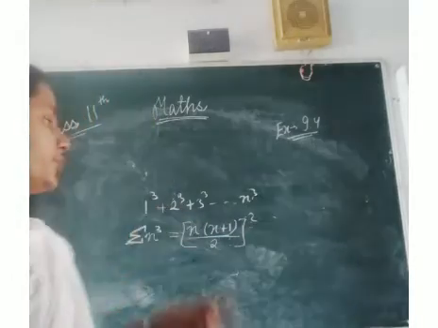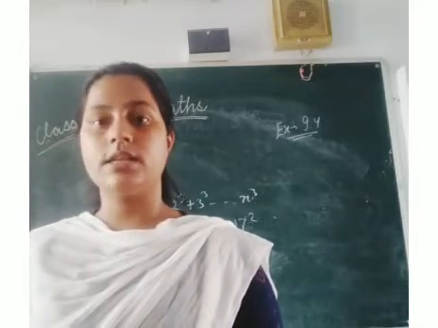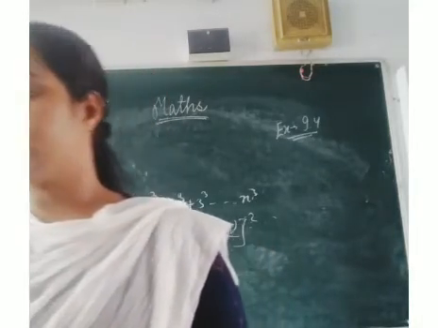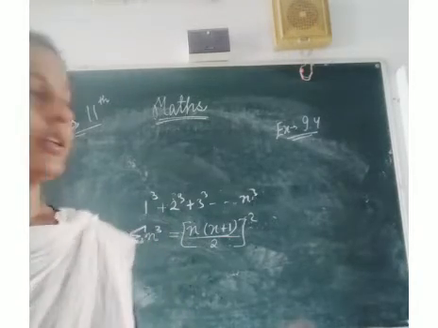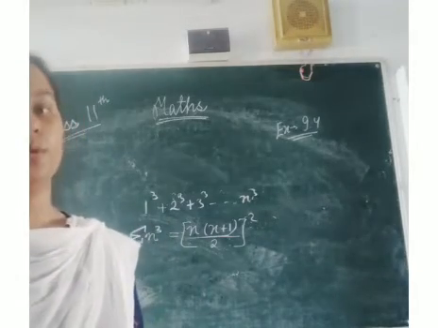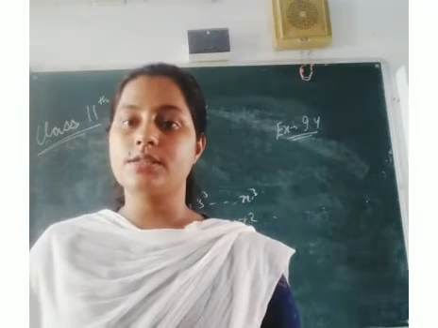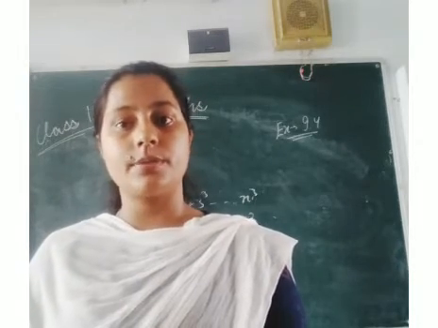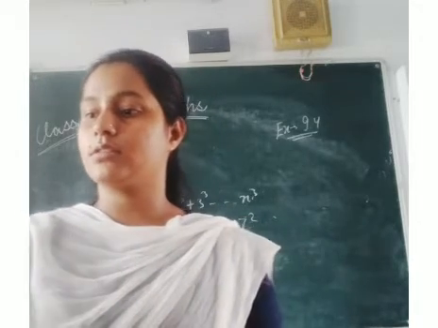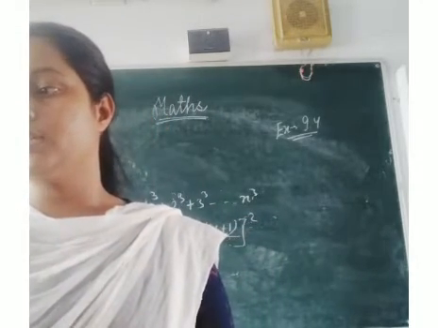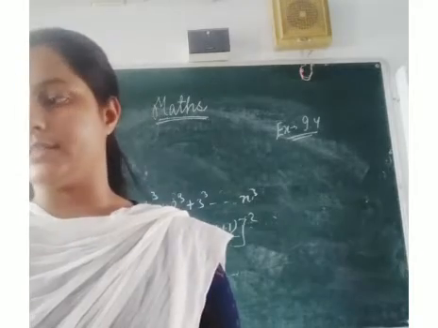And the sum of cubes of first n natural numbers is n into n plus 1 upon 2 whole square, as mentioned on the board. Now on the basis of this data, we are going to solve the fourth exercise of your chapter sequence and series.